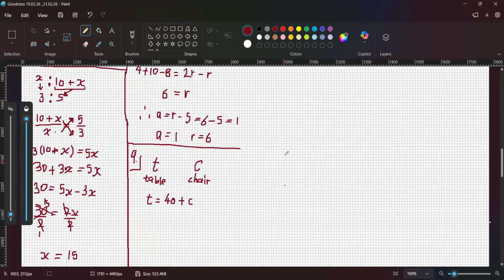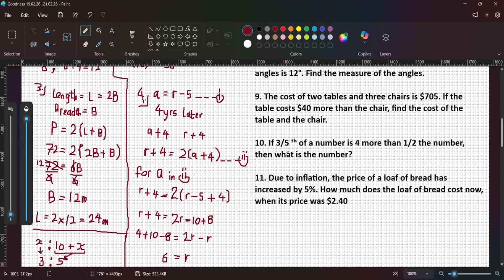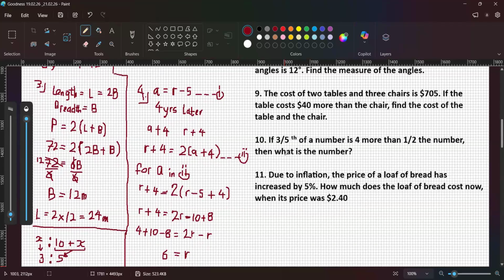Let's see. Is there any other information we can pick from the question? The question said the cost of two tables. You see how interestingly we don't even start with the first sentence in the question. We started with the second sentence. Now we're moving up to the first. The first sentence says the cost of two tables and three chairs is 705.